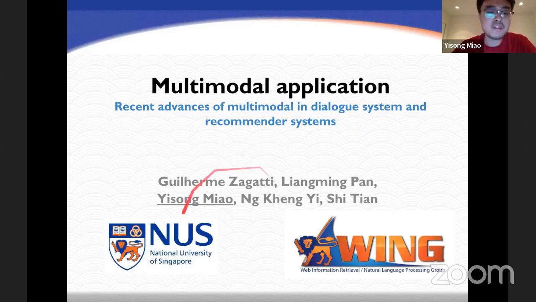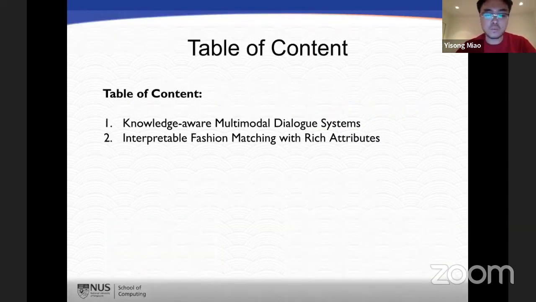By chance, months ago I read two papers at the intersection of multimodal and my research interest, and I'm going to introduce them to you. I think it is very exciting and interesting because these works are very new. They were published one or two years ago, and they are very good work, integrating multimodal with dialogue systems and recommender systems in a good manner.